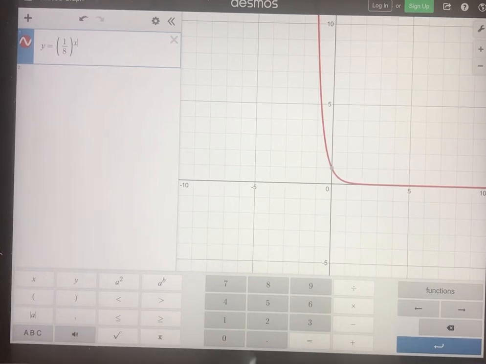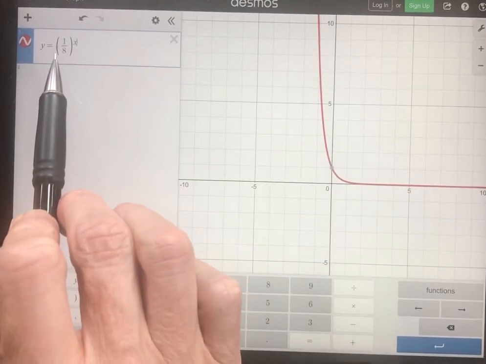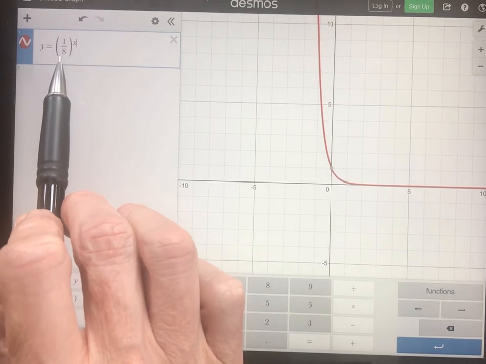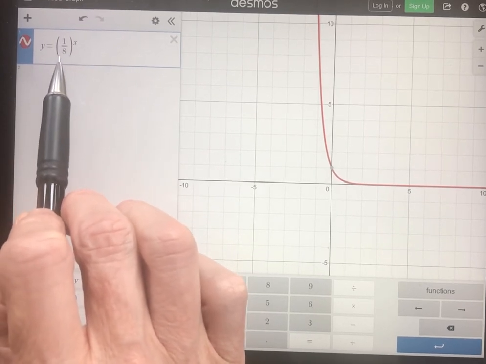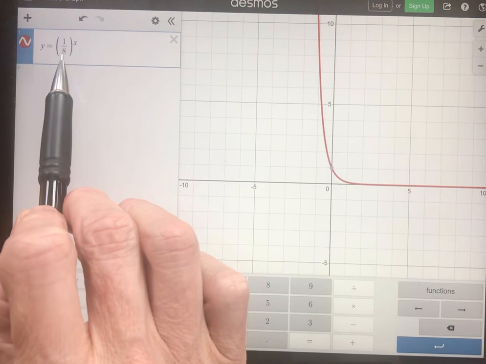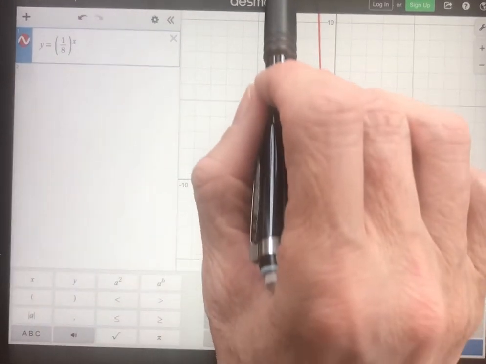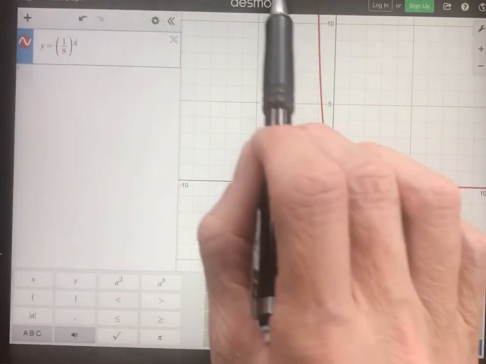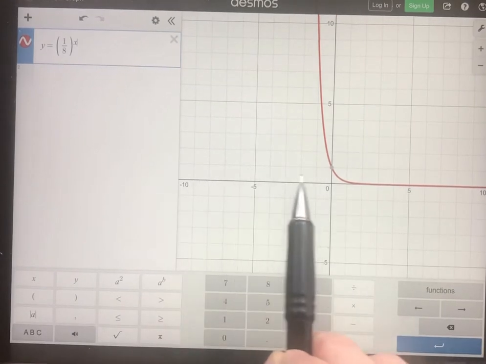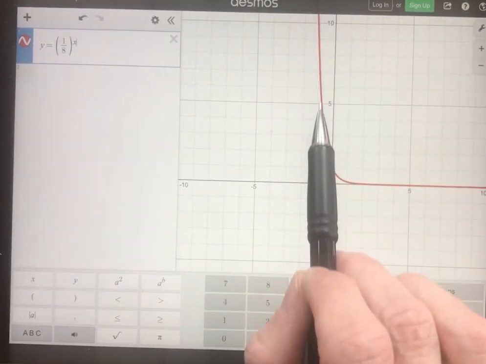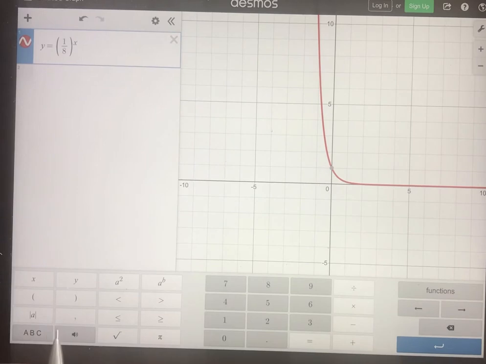And here it is. Now let's recognize that our base is a proper fraction. And we know that when our base is between 0 and 1, the graph decreases from left to right. So as x increases, the function is decreasing.